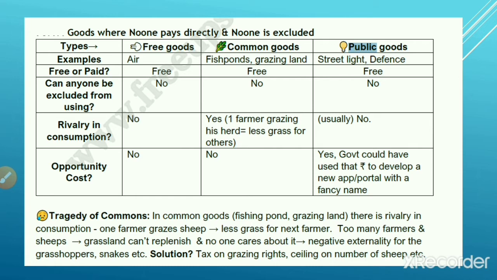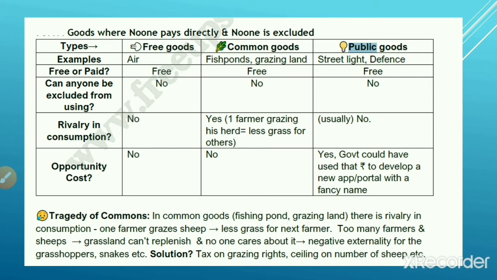Even if we take a fish pond, there is rivalry in consumption, because one can extract all the fish, and if another person comes late, he cannot extract any fish. So there is some kind of rivalry in consumption. Is there opportunity cost? No, there is no opportunity cost. It is natural grazing land, so anyone can go there, and there is no opportunity cost.